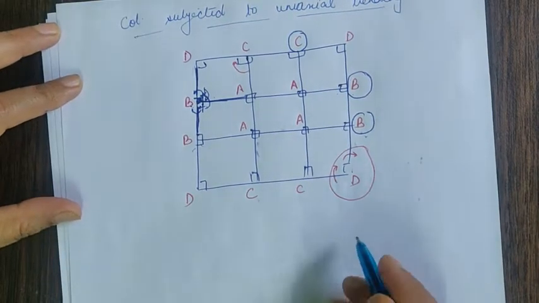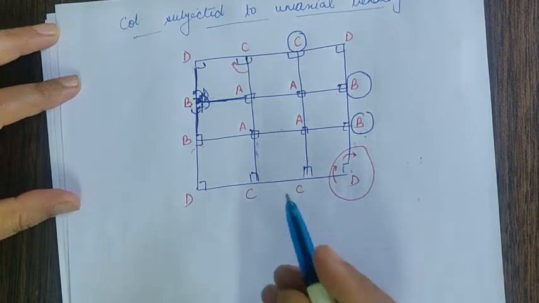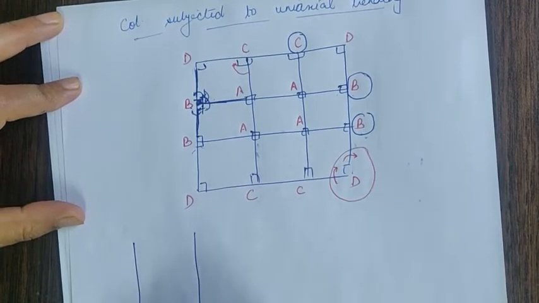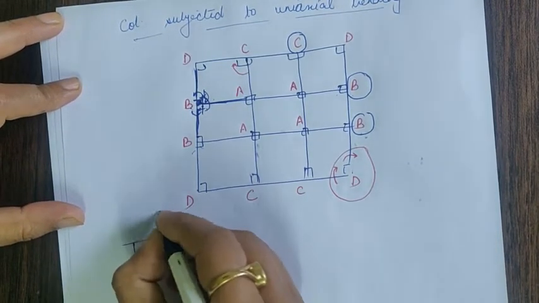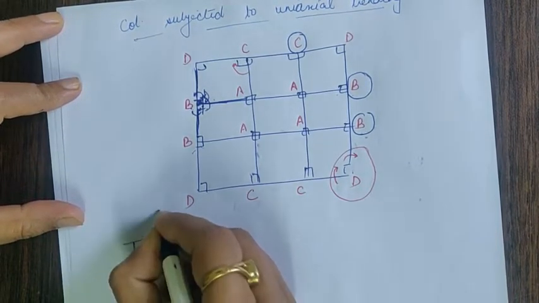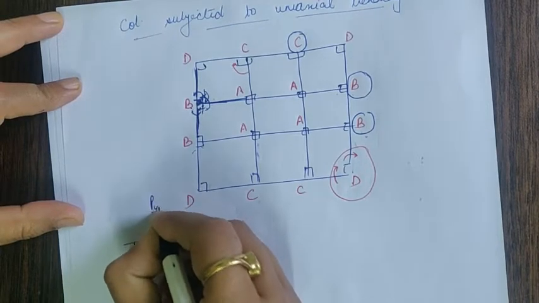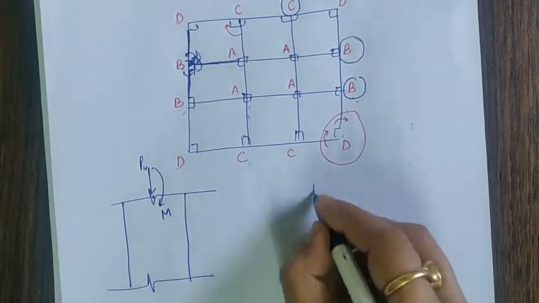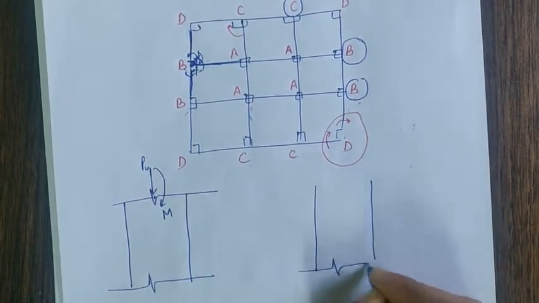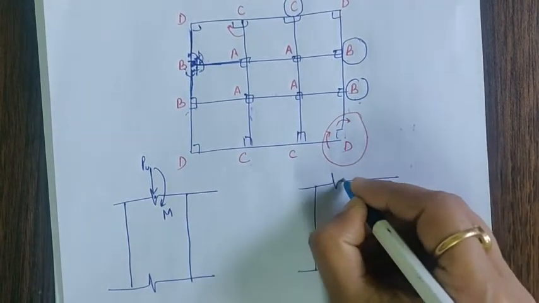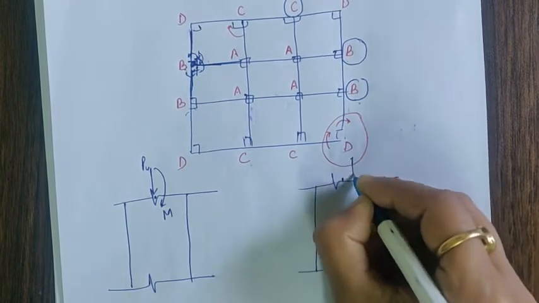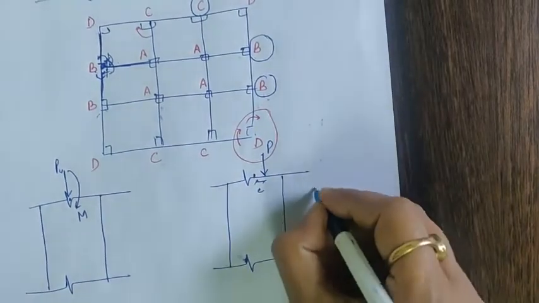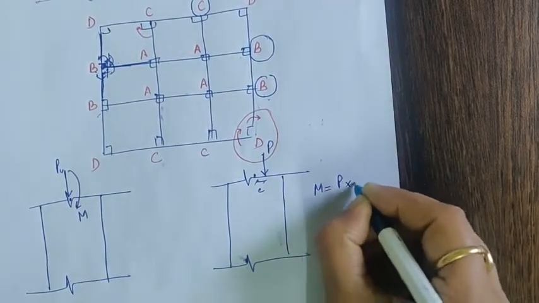Now the behavior of such columns, if I draw this column, it is nothing but at the CG, it will have load and it will have a moment. Or instead of saying this, we can even say it is subjected to a load at a certain eccentricity, where moment is equal to P into eccentricity.